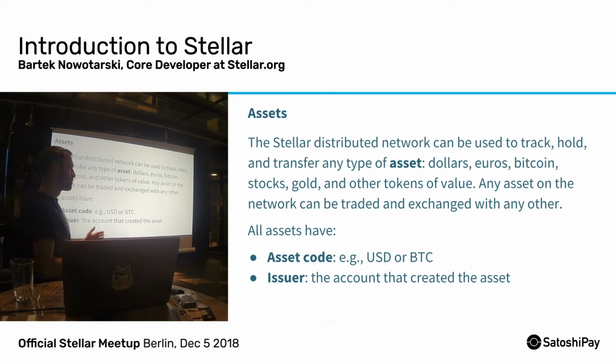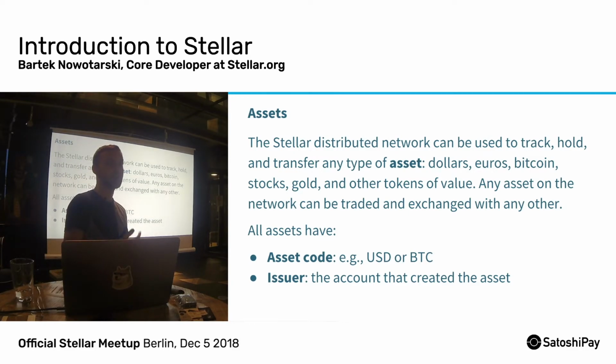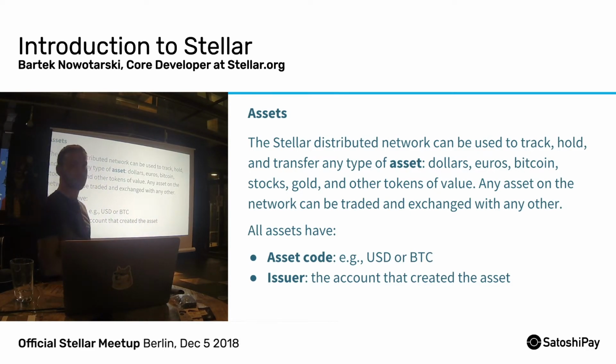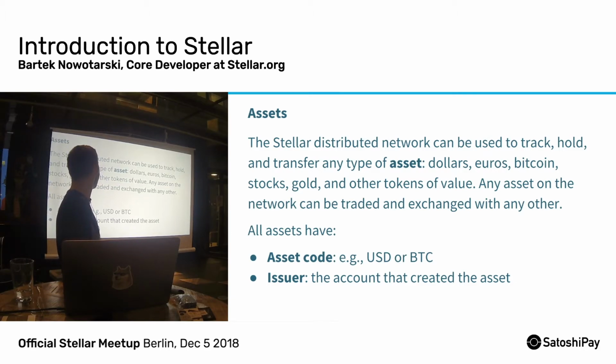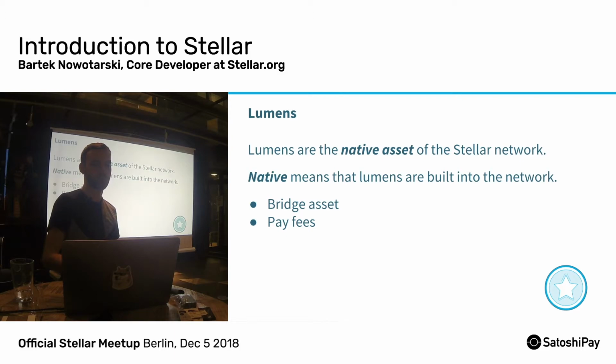That's super important because it allows the network to have, for example, multiple USD assets issued by many different financial institutions, right? Otherwise, there would be only one USD asset.